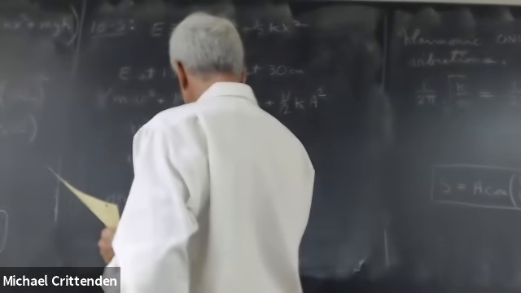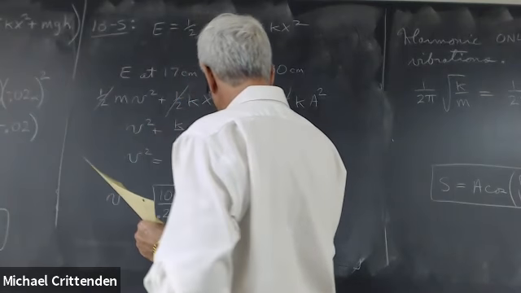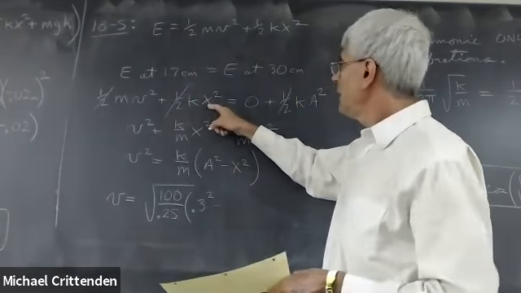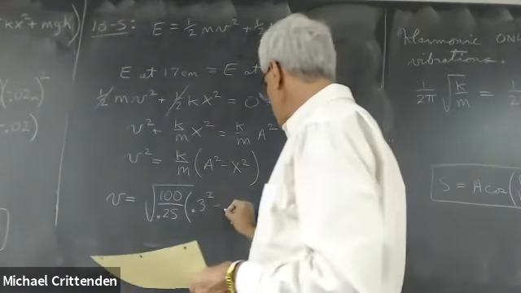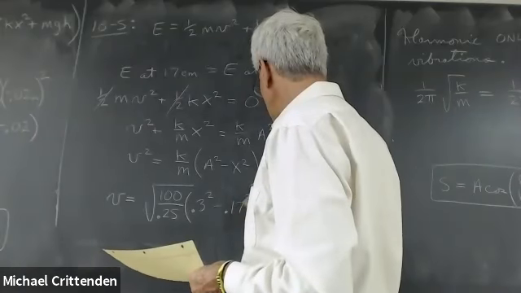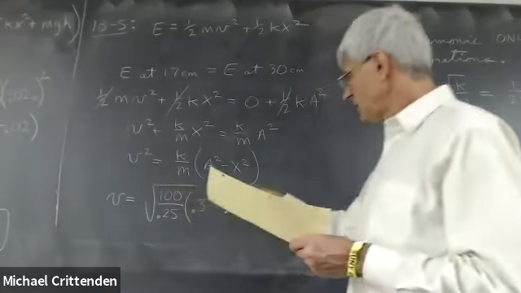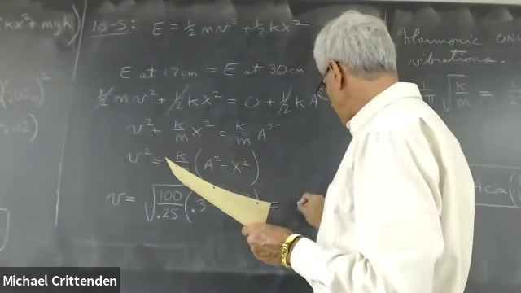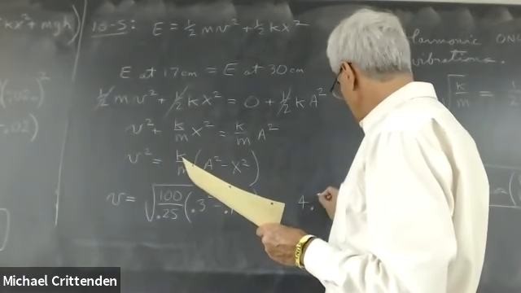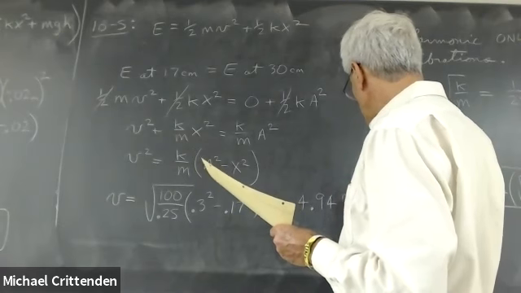The amplitude is 0.3 of a meter. X over here is 17 centimeters, 0.17 of a meter. And so you do all that, and when the smoke clears, you've got 4.94 meters per second.